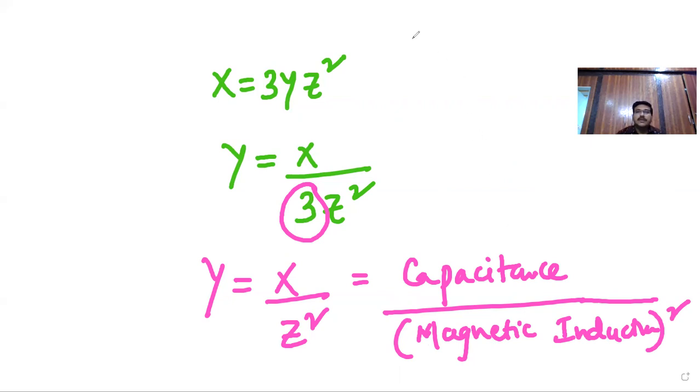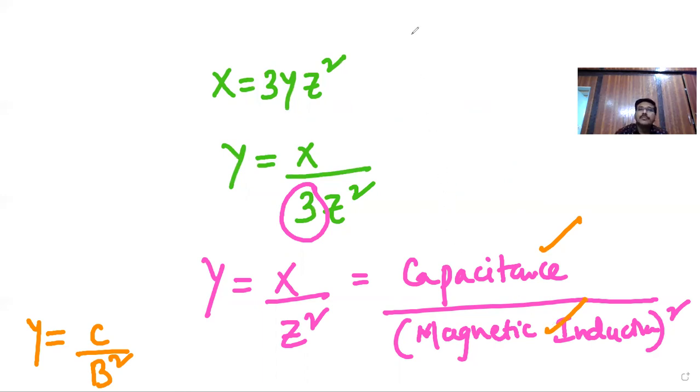Now I am simply denoting the capacitance with the letter C and the magnetic induction with the letter B, the usual notations. So y is capacitance by the magnetic induction square. Clear?